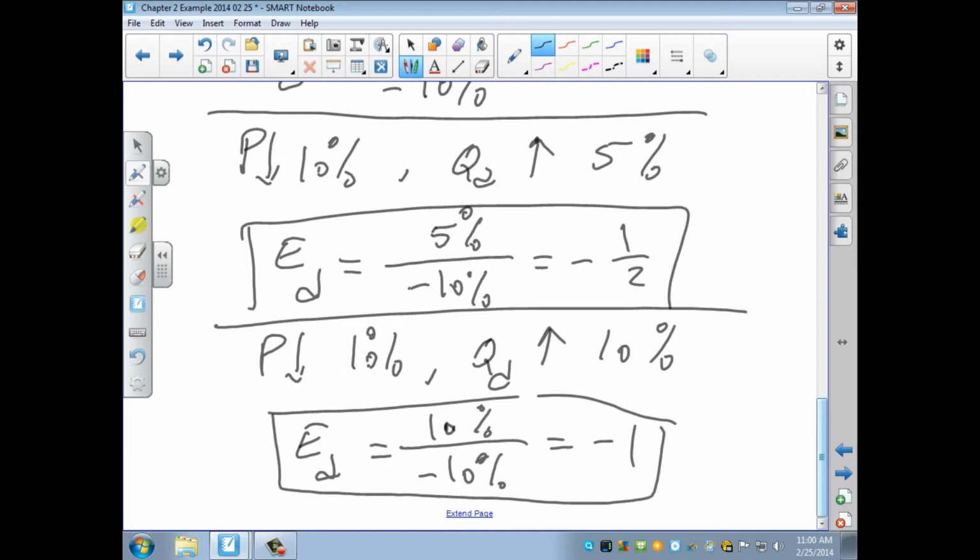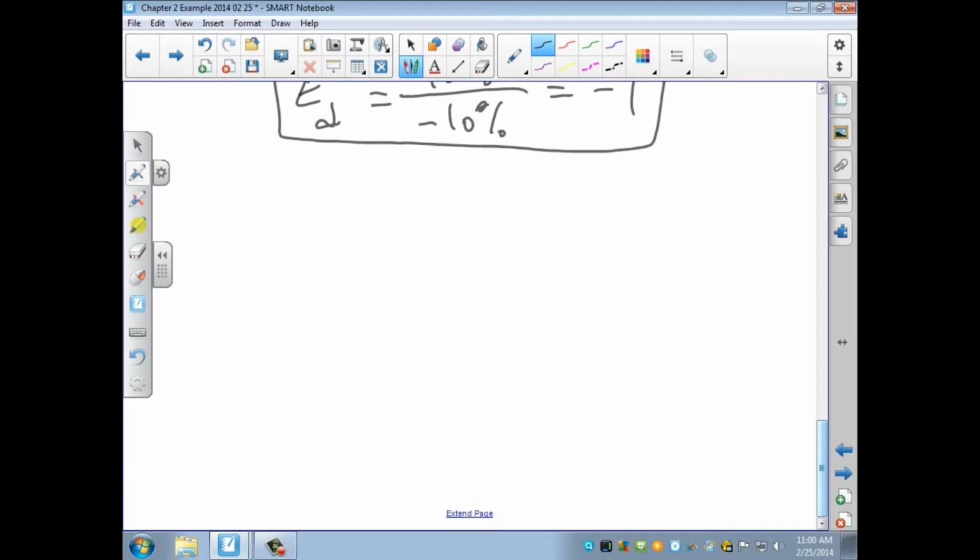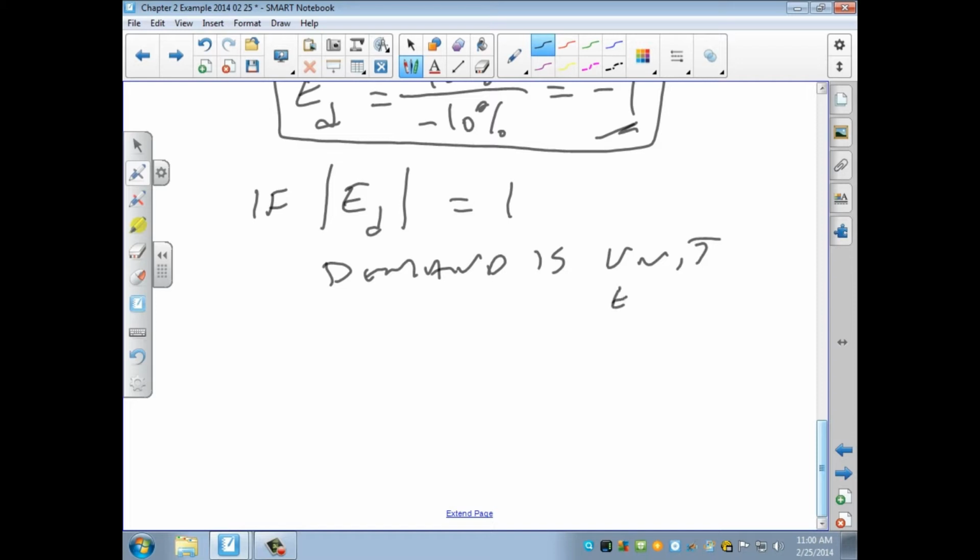Now, let's look at the absolute value of elasticity. If the absolute value of elasticity is equal to 1, right, instead of negative 1, we say 1, then demand is unit elastic. That means 5% change in price would bring about 5% change in quantity demanded.